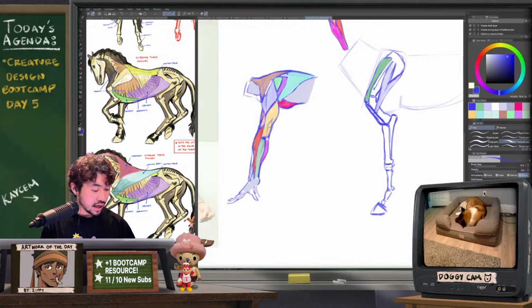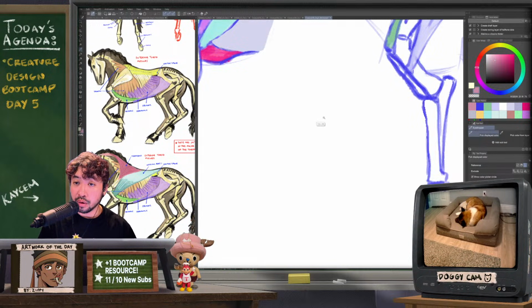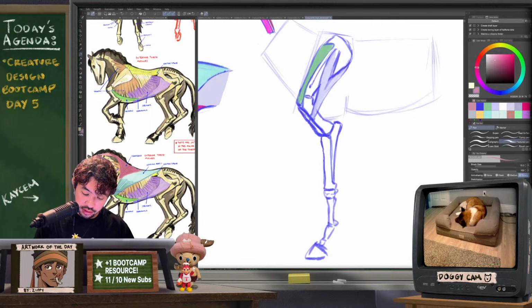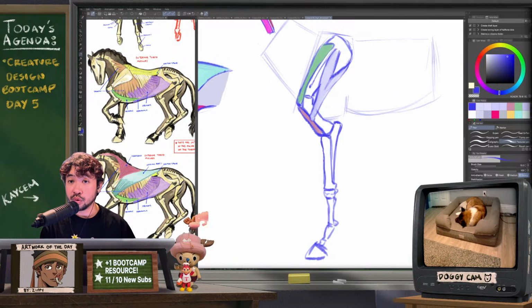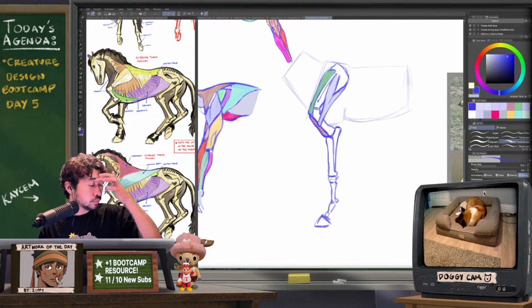But let me ask you guys a question. Do you guys know why it's called bicep? You know why there's the bi in there? Like, what does bi mean? Two, right? Yeah, bi means two. And so you would think, okay, bicep, two.